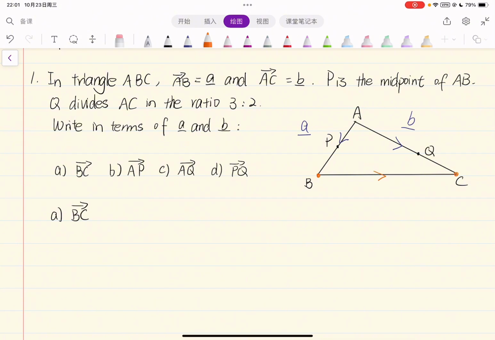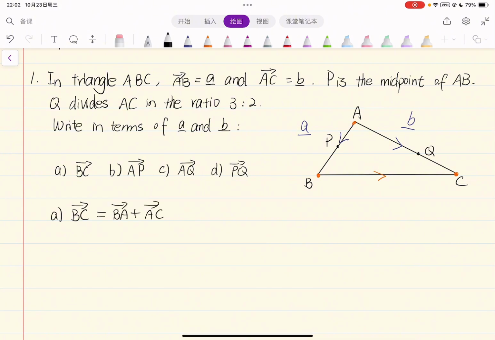Alternatively, we can see that we start from point B and then go to point A, and then we have the final destination, point C, which means vector BC equals vector BA plus vector AC.